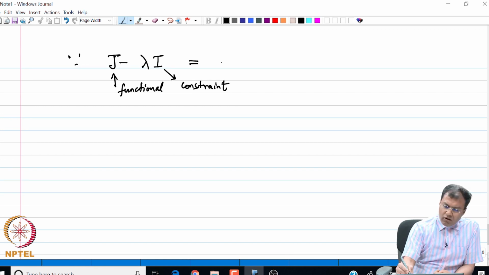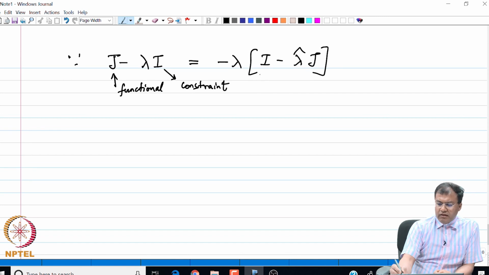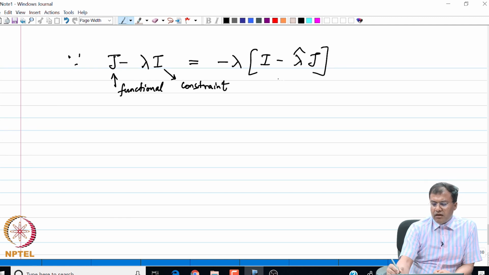Note that this is also equal to minus lambda of I minus lambda hat J. So, as if we were to extremize the constraint on the left-hand side, we are extremizing the constraint on the right-hand side with the roles of I and J reversed.